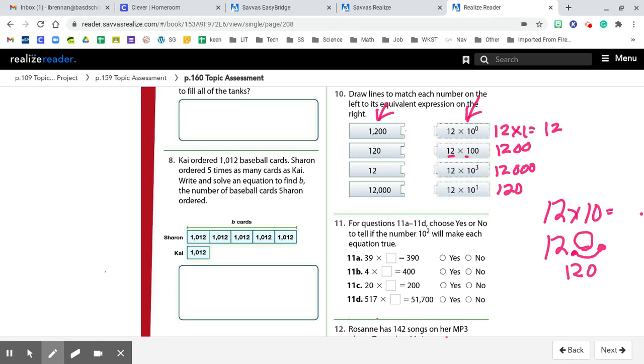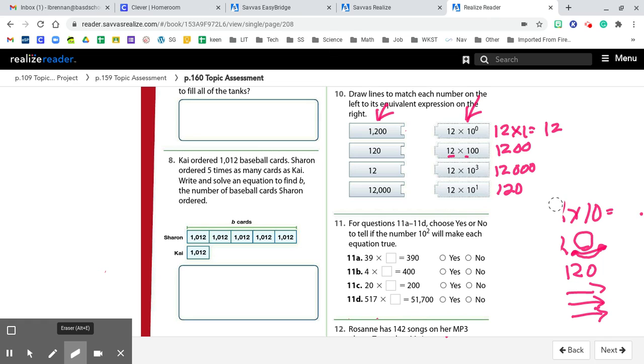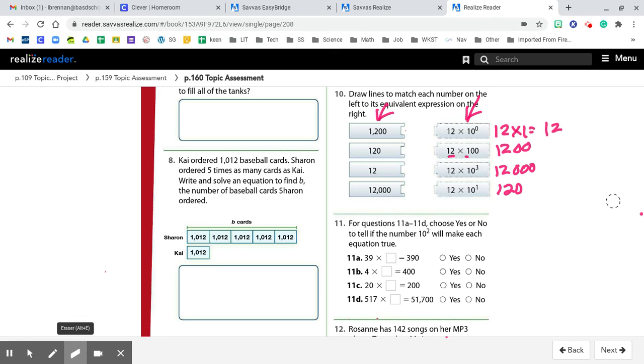So what I'm really doing when I multiply by 10 is I'm moving the decimal over in that direction one place. When I multiply by 100, I'm moving it 2 places, and 1,000, I'm moving it 3 places. And that will help you out in our multiplication of decimals. You get a little preview of the next chapter. So really what we're doing in whole numbers is we are moving the decimal and putting a 0 in the space that's created when we move.